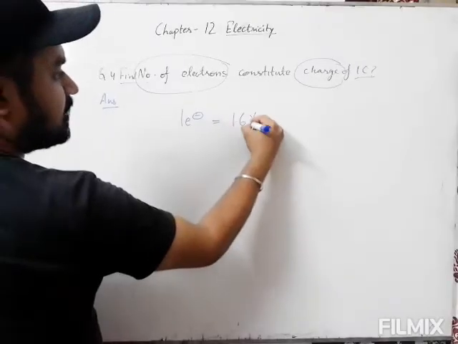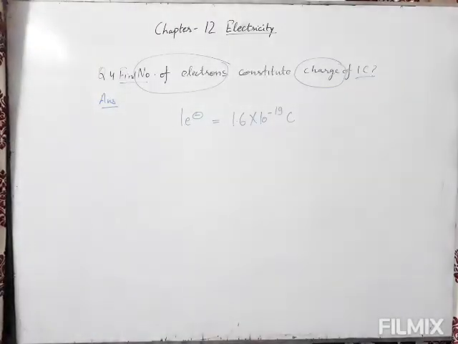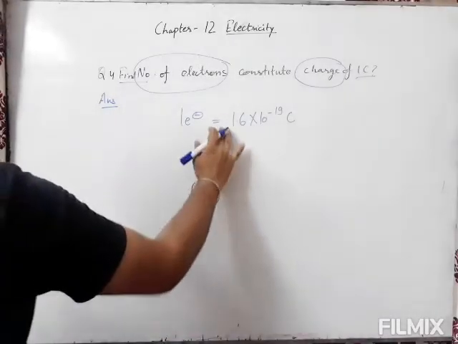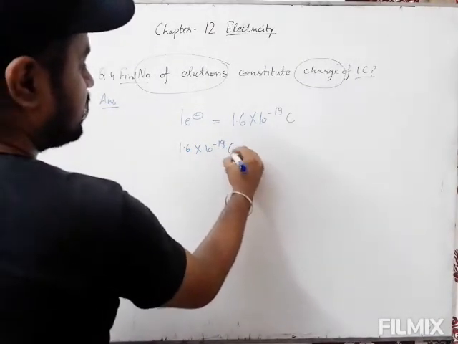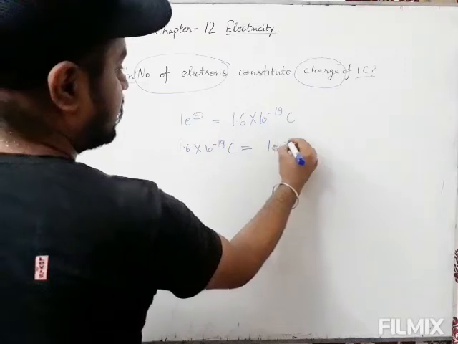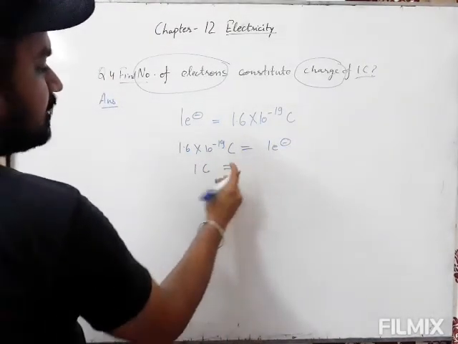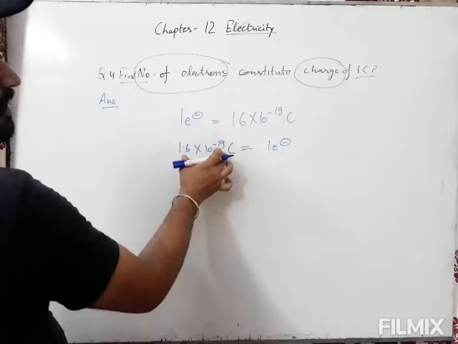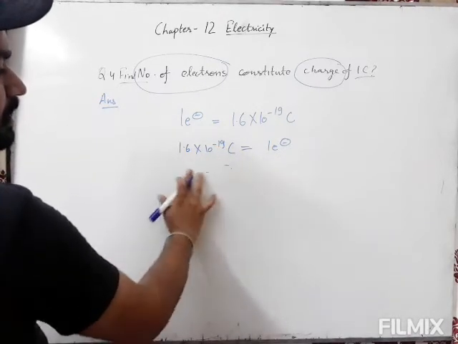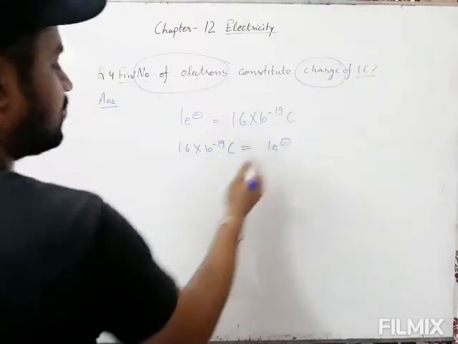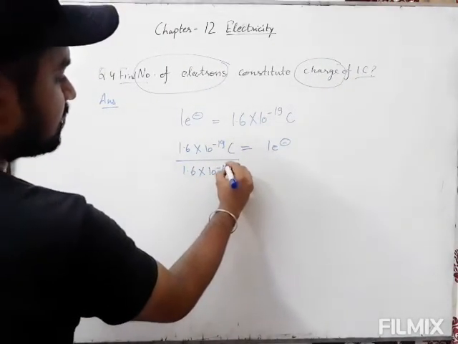On 1 electron there is 1.6 into 10 the power minus 19 coulomb charge. So 1 coulomb will be, now we have to make this as 1 coulomb. So we will be dividing this whole thing by 1.6 into 10 the power minus 19.